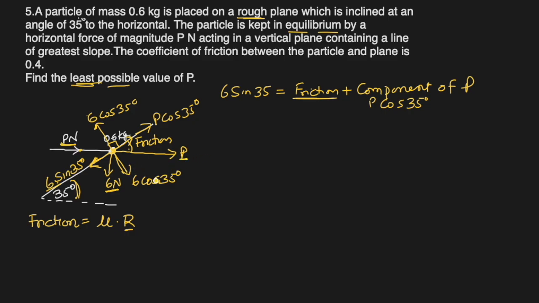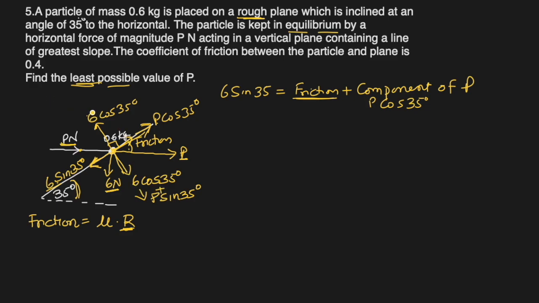Okay, but there's a problem. Because of this P, there will be a component in this direction also. So we had P cos 35 in this direction, and we will have P sine 35 in this direction. That means this reaction force, the normal contact force, will be the sum of these two.